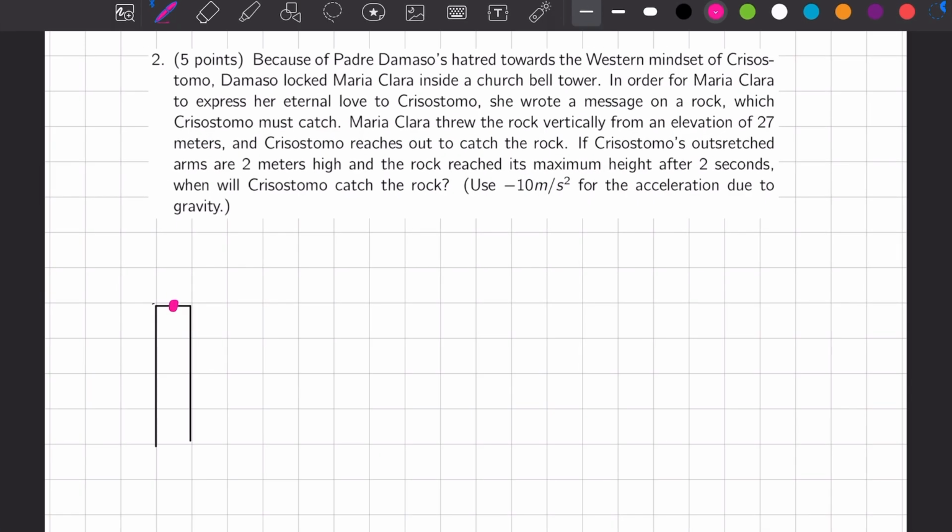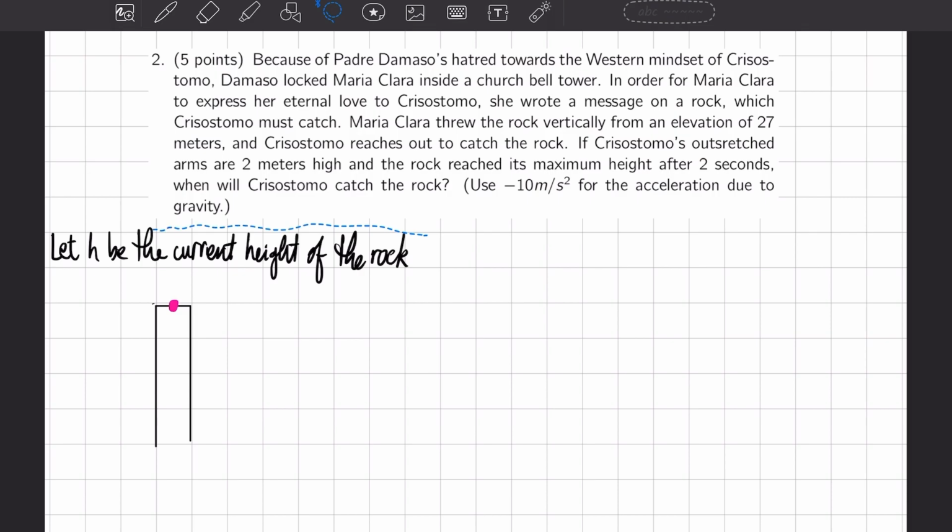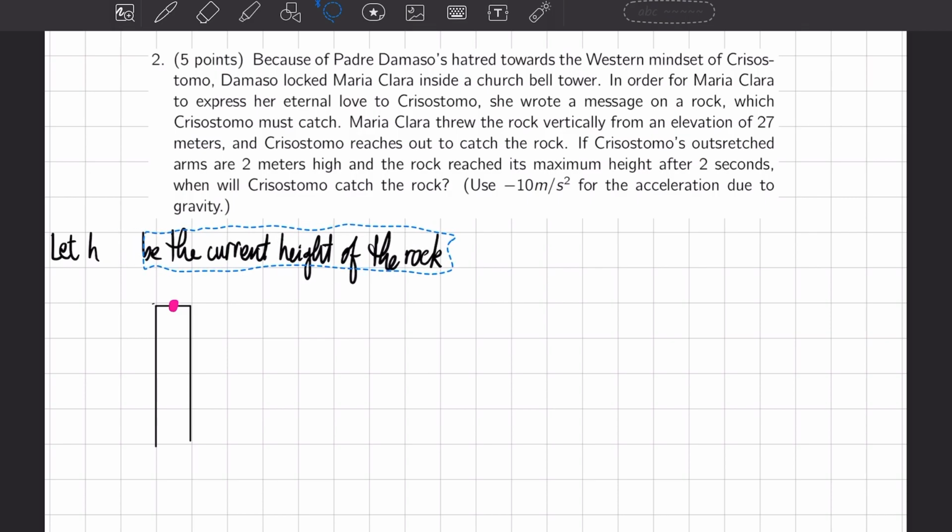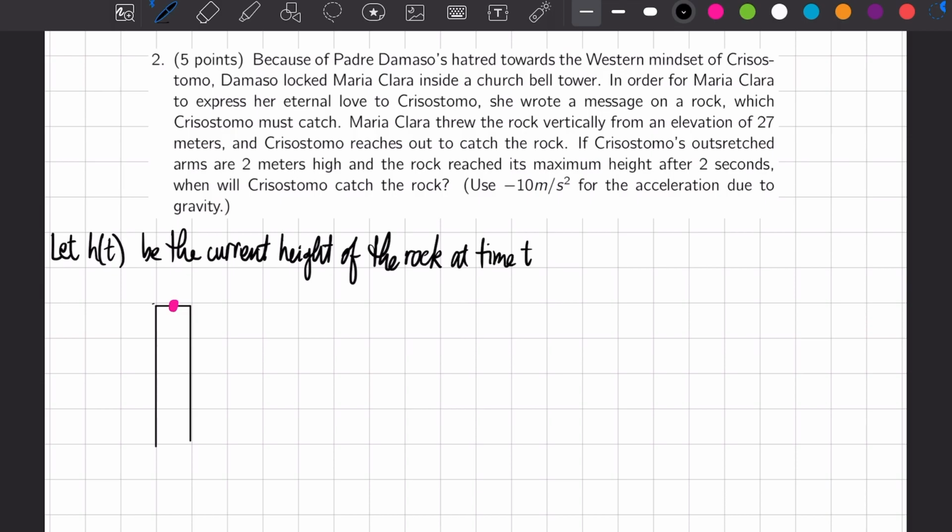So that means if we let h be the current height of the rock, or should I say, instead of h, let's call it h of t. Let h of t be the height of the rock at time t.